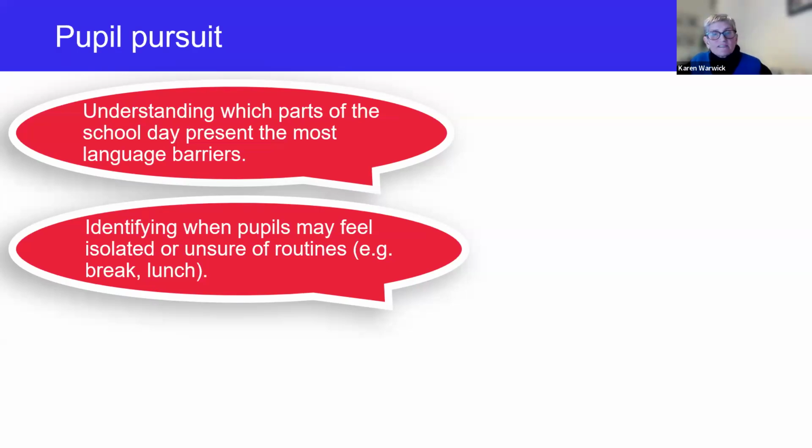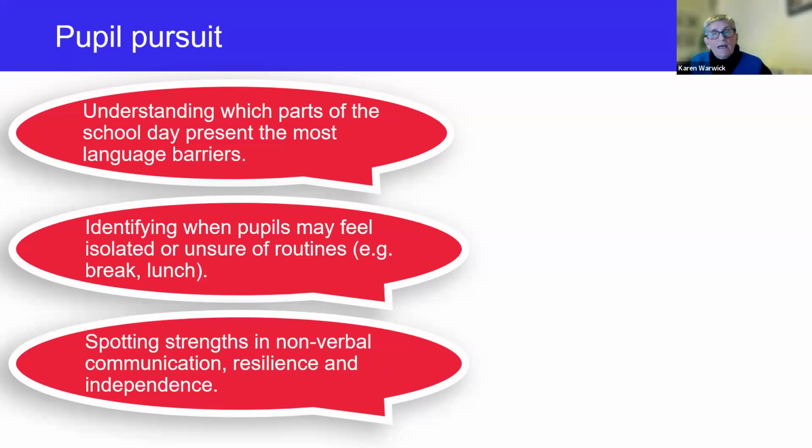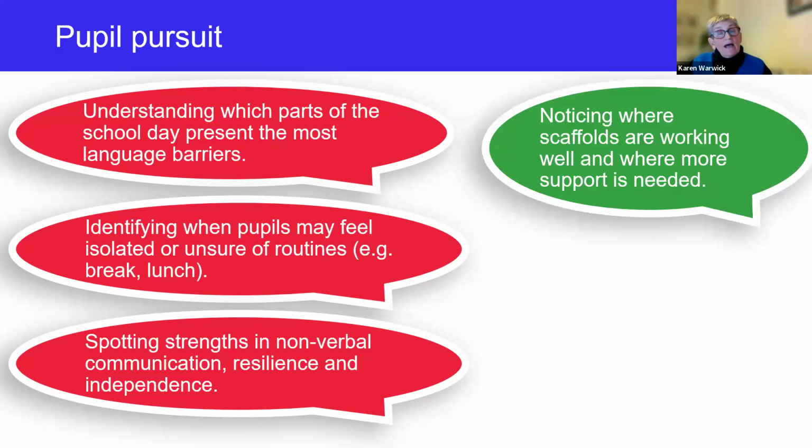Do other learners feel the same? He talked about observing when pupils show resilience and independence in communicating independently, to ask for what they need when they're out and about in school. So all the red ones are kind of out of the classroom, and then the green speech bubbles coming up now are thinking about in the classroom.